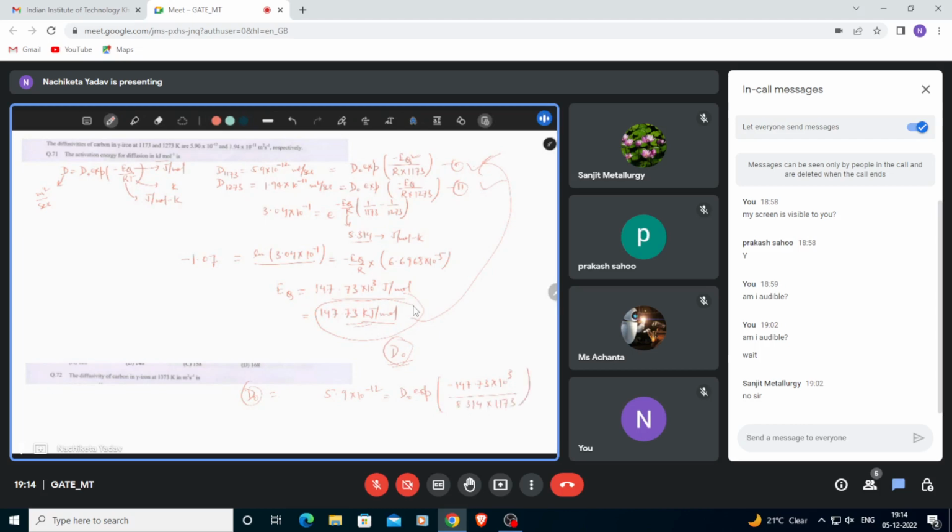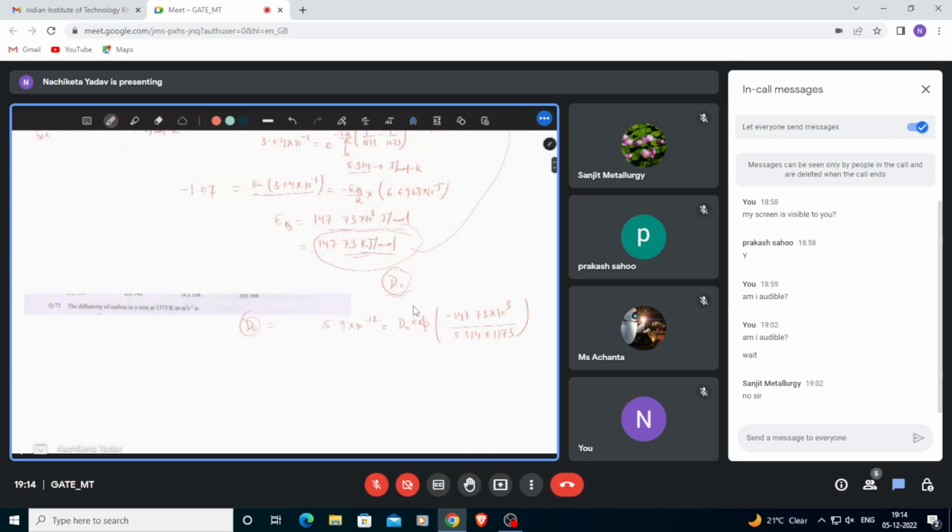So can you solve now? What is the D0 value here? I have put in equation 1 here. Are you guys getting the same value? Is it okay?